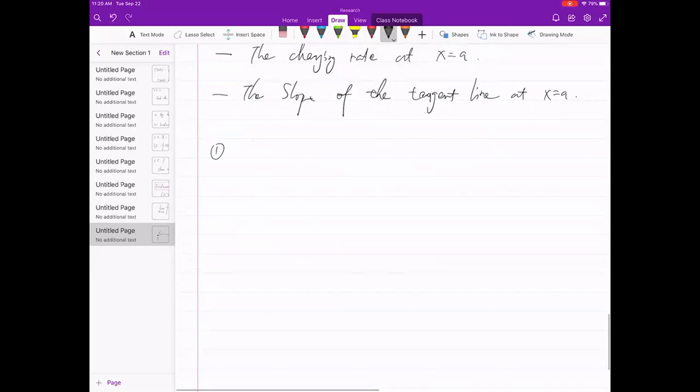Let's start with the easy one. Find the derivative of y equals x squared at x equal 2. Reflect. We just said it.